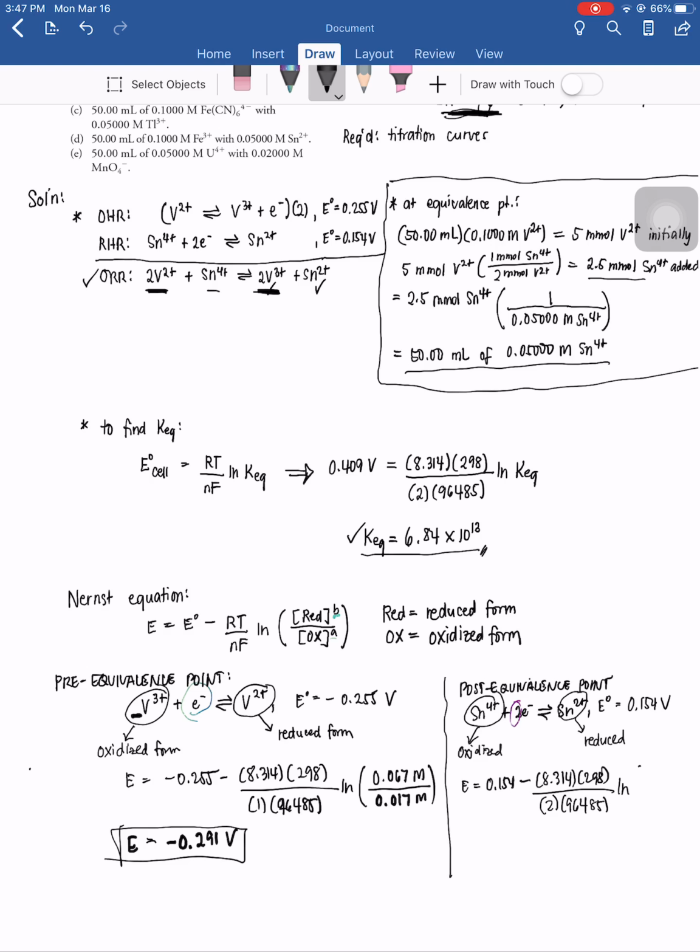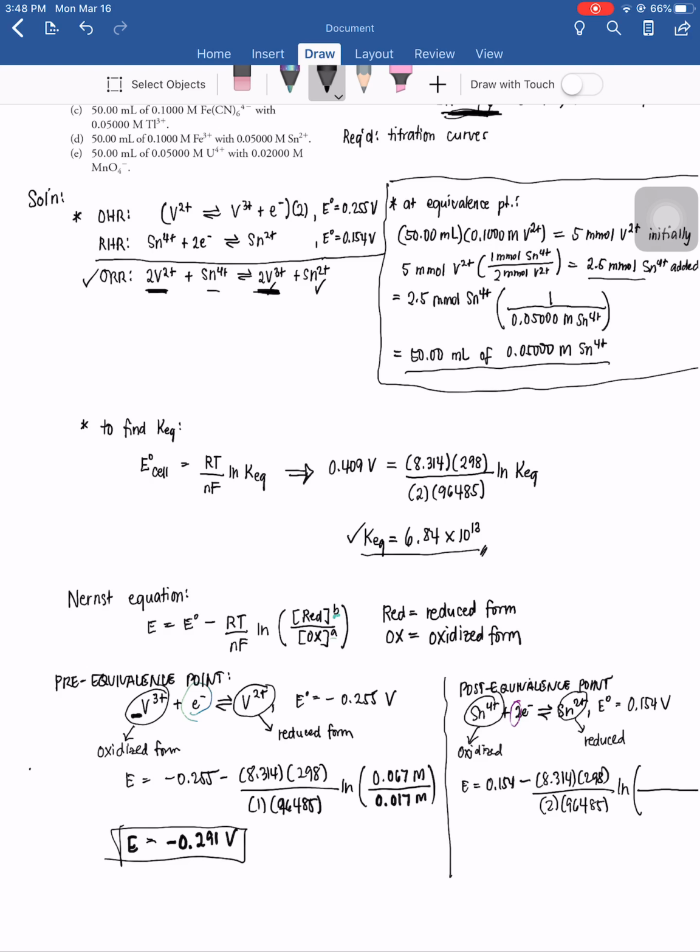Ln, the concentration of our reduced form. Sorry again for that one. For the reduced form, that's actually the tin 2.